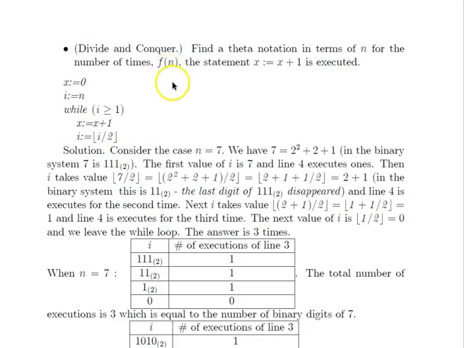Find the f of n, where f of n is the number of times the statement x takes value x plus 1 is executed.